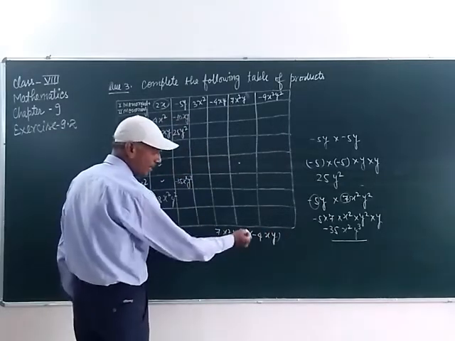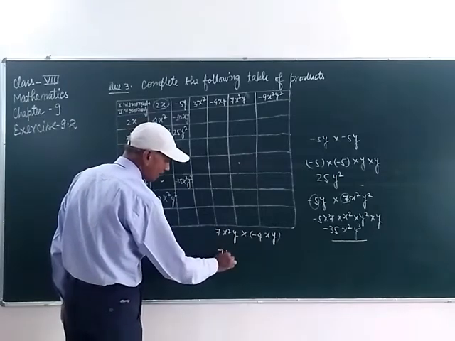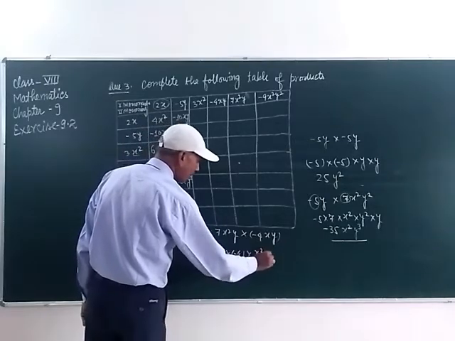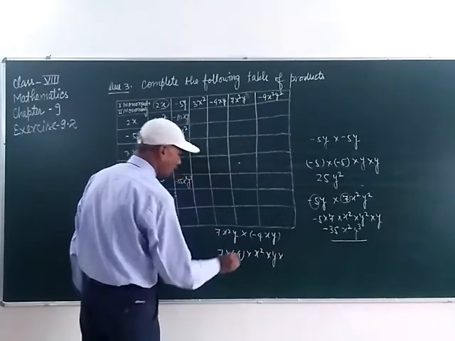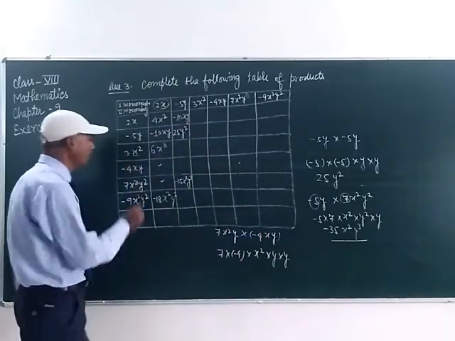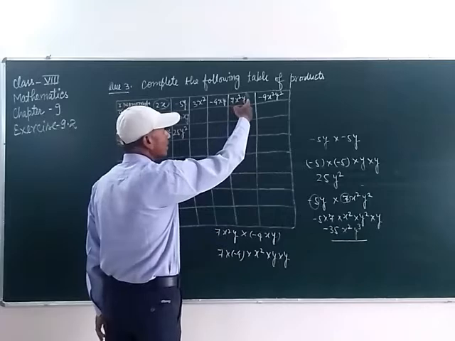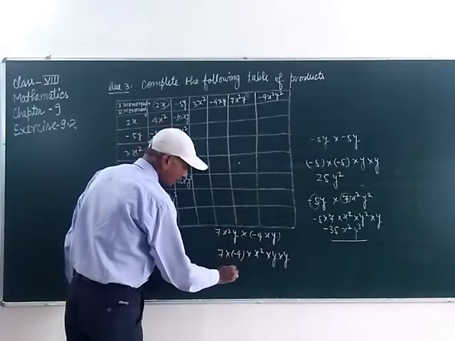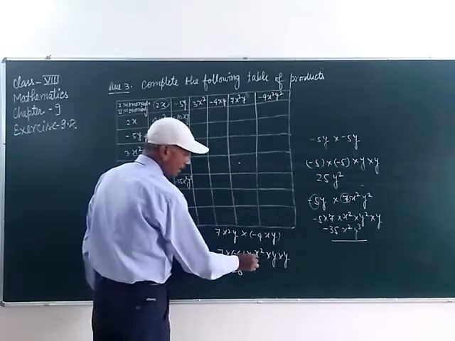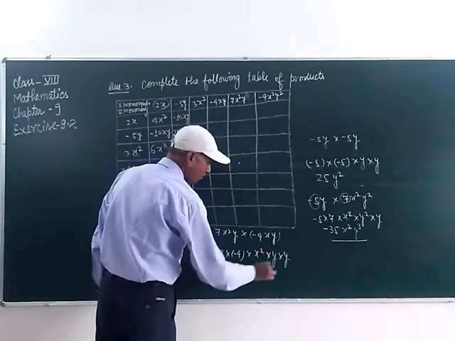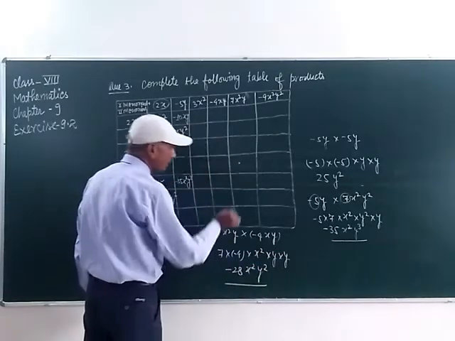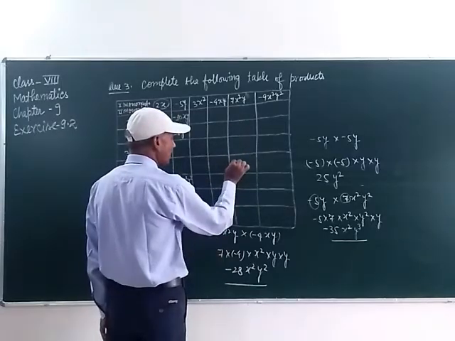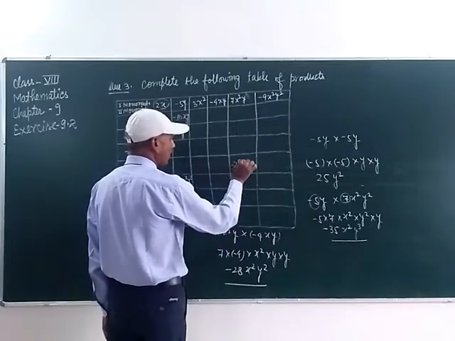Now we have to multiply the numbers with numbers. This one 7 into minus 4 into x square into y into y. Clear, friend? This one y and this one y, this one x square. So 7 4s are 28, this one minus 28 x square, and y into y will be y square. So in this we have to write minus 28 x square y square.